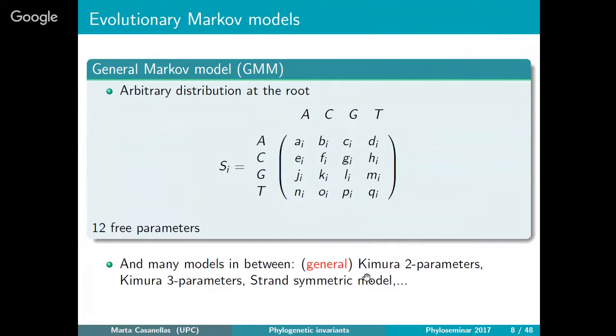And there are many models in between. There are the Kimura 2 parameters, Kimura 3 parameters, something that is called the strand-symmetric model. But I add the word general here because Kimura 2 parameters and Kimura 3 parameters in this setting are not the same as the ones biologists mostly use. And I'm going to explain why I use general.